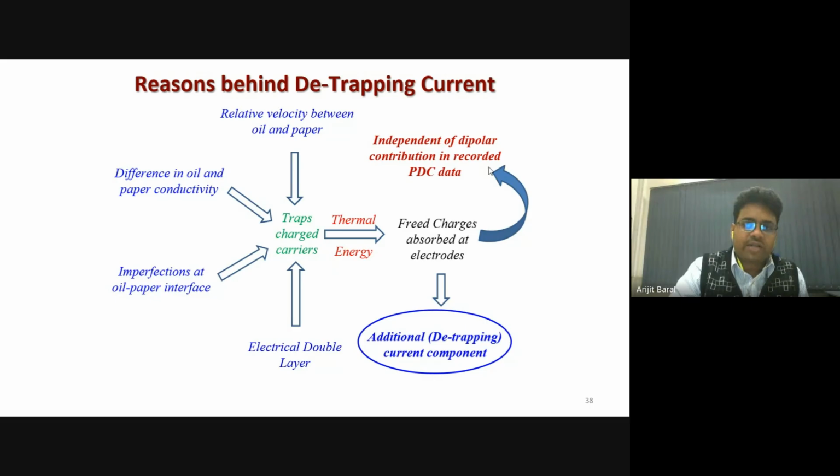And these are the trapped charge carriers that we are talking about. If due to lattice vibration or hopping polarization these charge carriers become free, they get absorbed at the electrode and contribute to the insulation response.